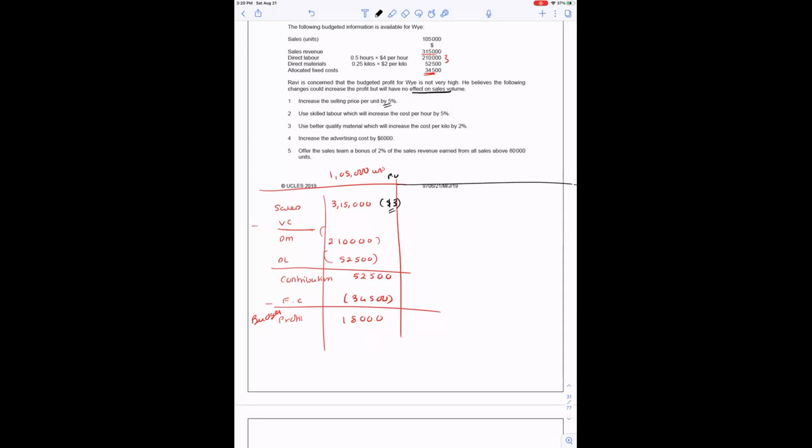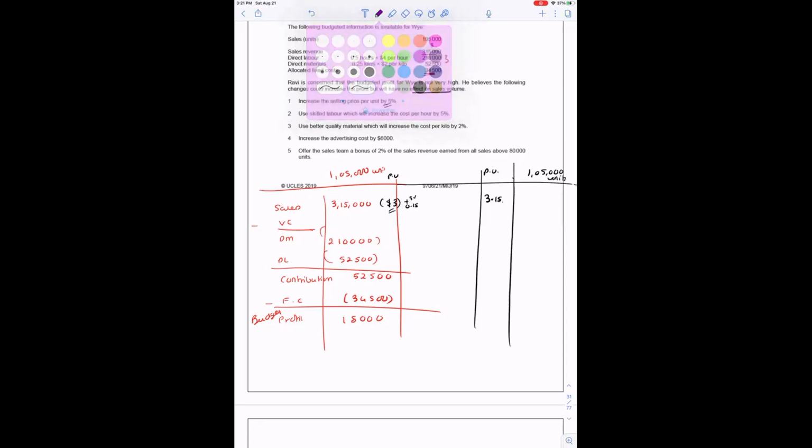No effect on sales volume means the sales volume still remains 1,05,000 units. 5% of 3 is 0.15, so the new selling price per unit would be 3.15. 3.15 into 1,05,000 gives a revised revenue of 3,30,750.